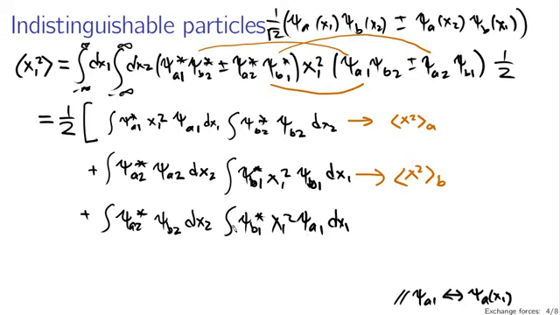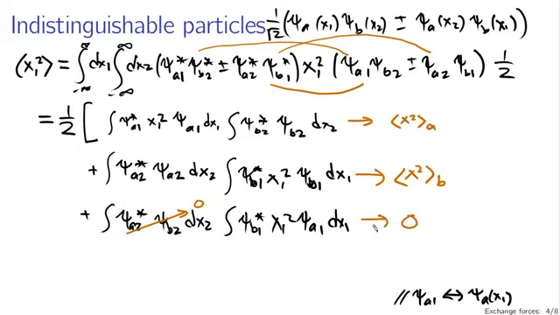This term here should look familiar. This is a psi A2 star psi B2, integral dx2. So x2 is our variable, and we have essentially an orthogonality integral between psi A and psi B. If psi A and psi B are distinct states, which we're going to assume for now, this orthogonality is going to give us 0. So this is 0. Doesn't even matter what this is.